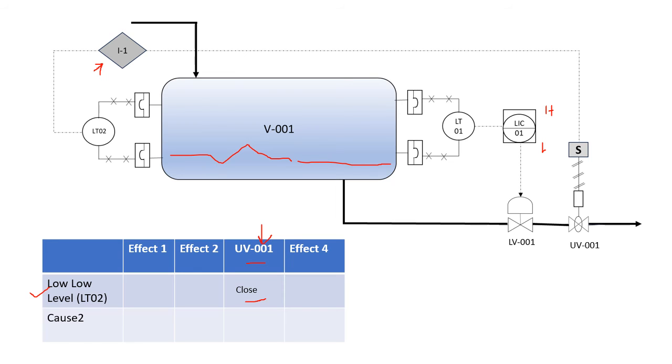Now, for example, this control valve also gets fitted with a solenoid, right? In the case of the control valve, it is also fitted with a solenoid, and that solenoid also gets energized during this activity. Then that will be another effect also, and in that case, that can also be written here.